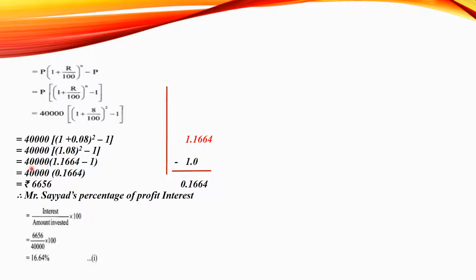So 40,000 multiplied by 1.1664, which is the square of 1.08, minus 1. So we get 40,000 multiplied by 0.1664, which is equal to rupees 6,656.